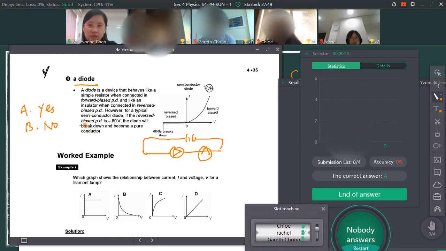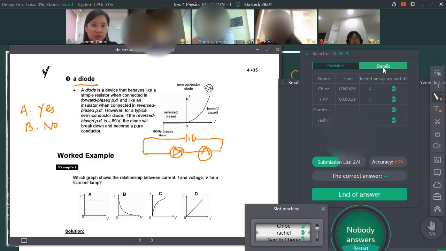So in this case, is there any current? If I connect like that, how does the current flow? Will there be any current? Class, you can start answering the question. Okay, good. Chloe, well done. Jonathan, well done. Gareth, well done. Rachel, please try. If you don't know, you can just guess. 50% chance to get it correct. It's either A or B.